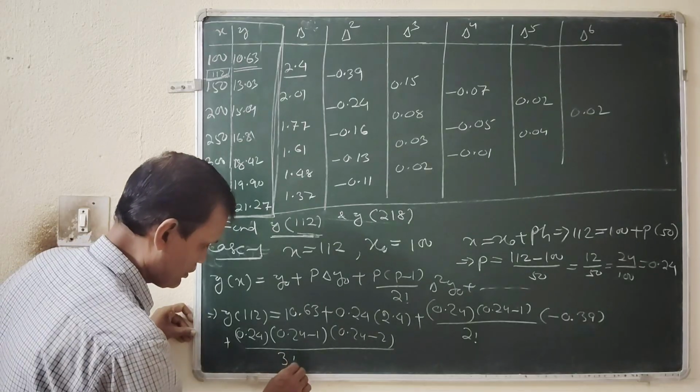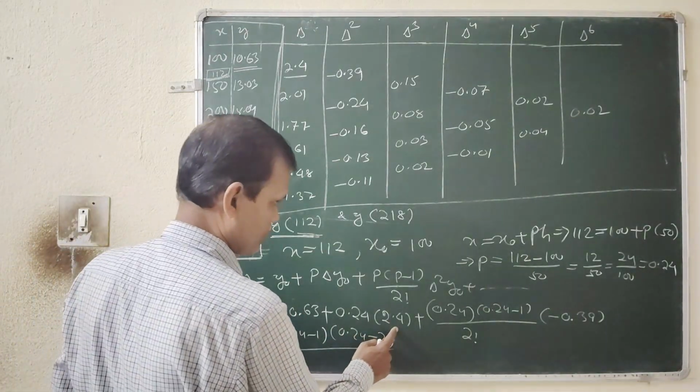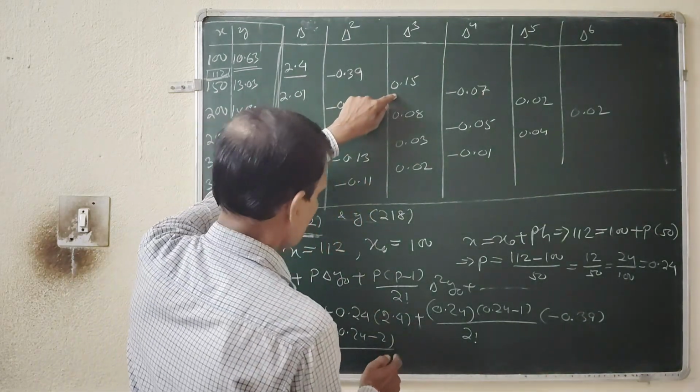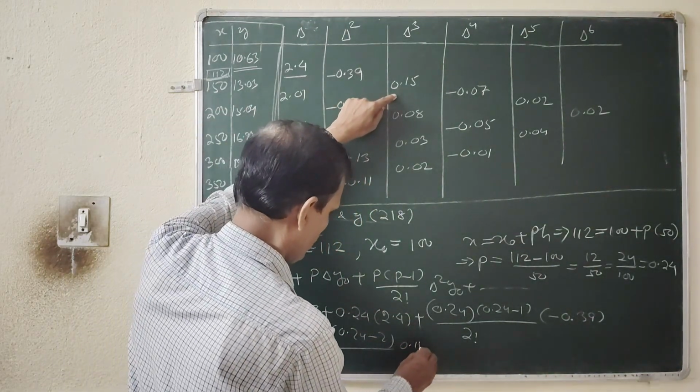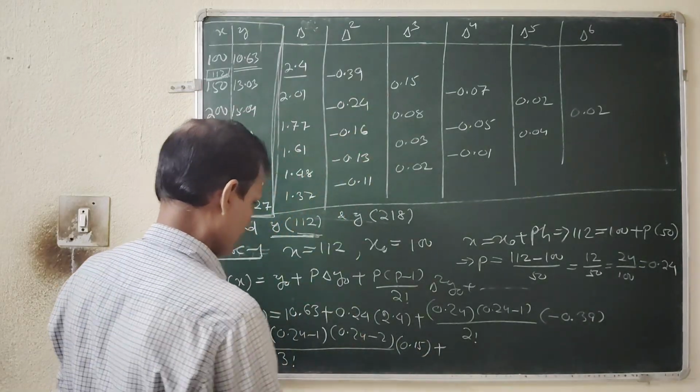Here it will be delta cube y0, which means 0.15.